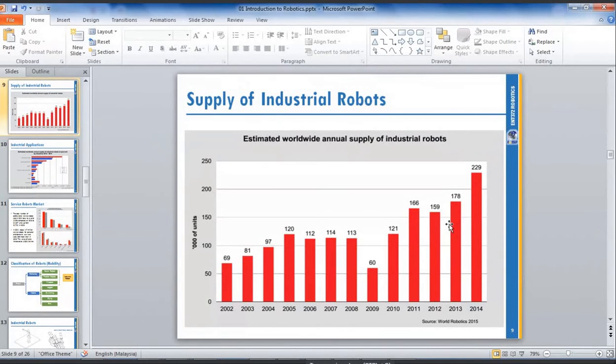But it doesn't necessarily mean that when we use a robot, we reduce the labor cost.